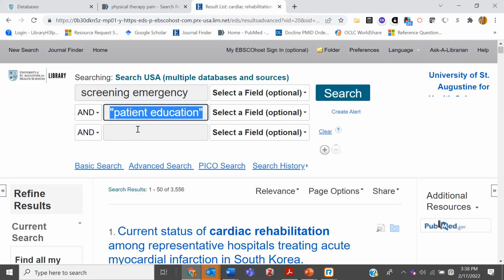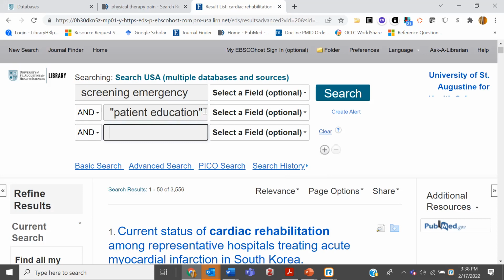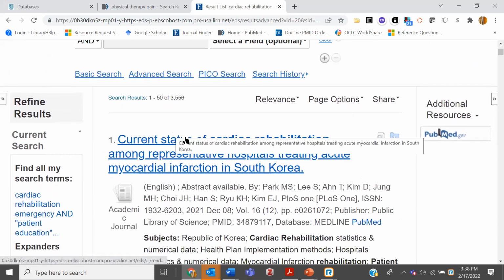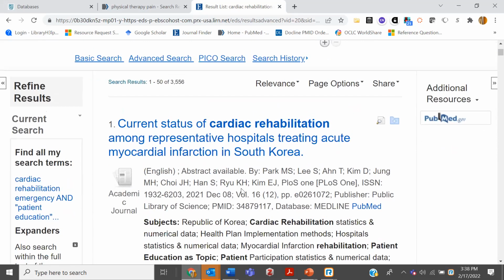So in terms of our scenario, anything on patient education, or at least effective screening and education programs, would be useful. So I might find a stroke article, and I don't want to dismiss that because it's not cardiac rehabilitation. I could easily read that article and find lots of relevant information on the program and the patient education side.